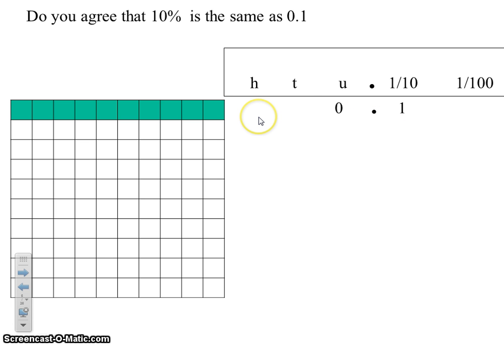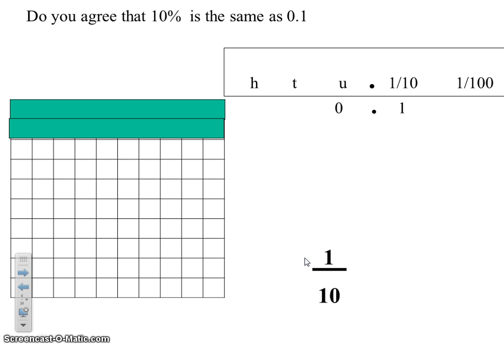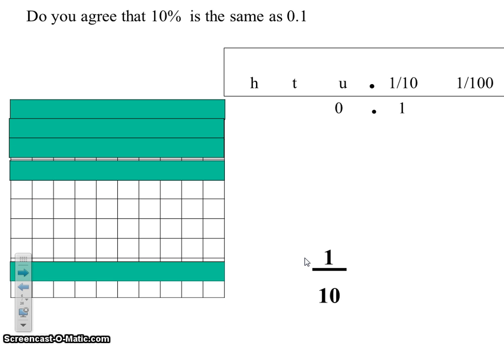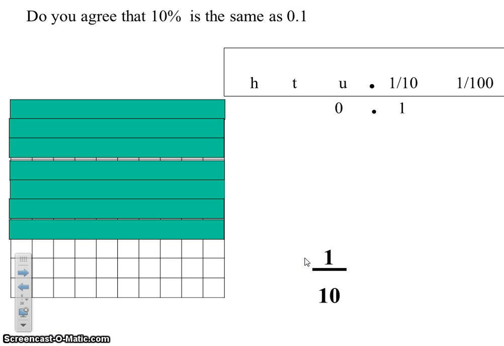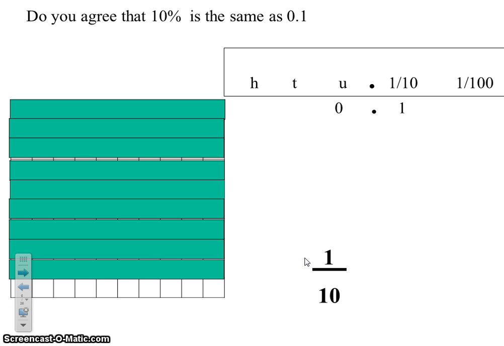That might be more tricky, but if you have a look at the bar there, 10 of these bars will fit into 100%. And this is 1/10. You can do this, just 1, 2, 3, 4, 5, 6, 7, 8, 9, 10.